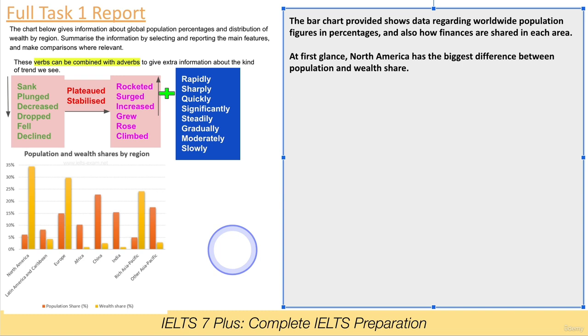Okay, so that's our overview. At first glance, North America has the biggest difference between population and wealth share.